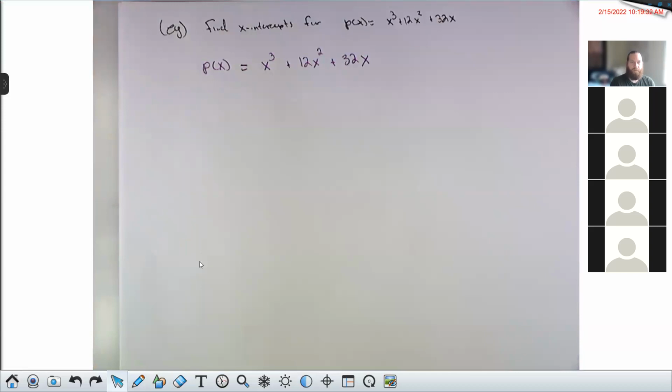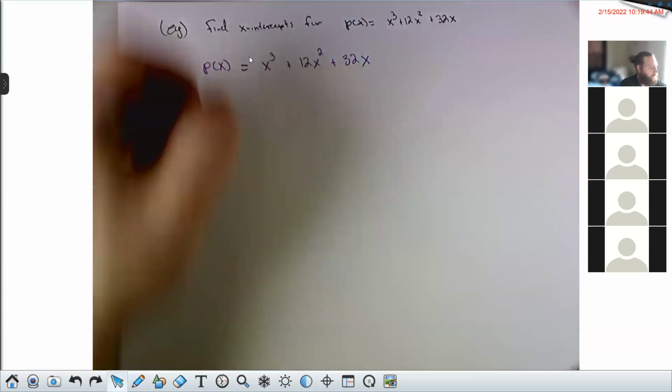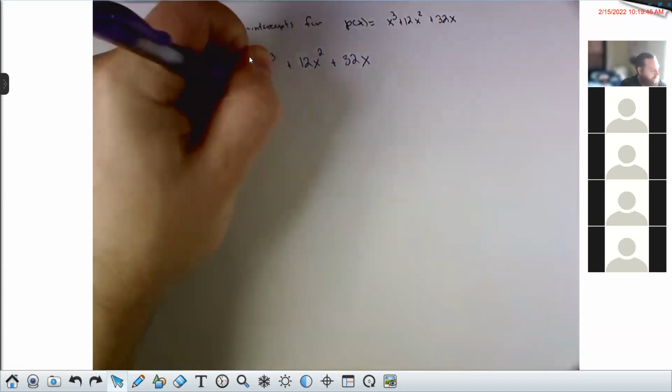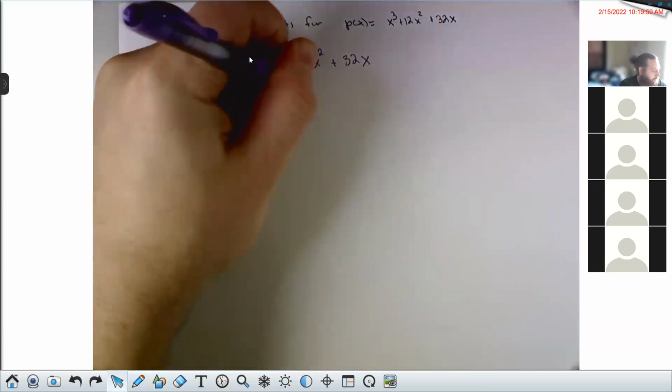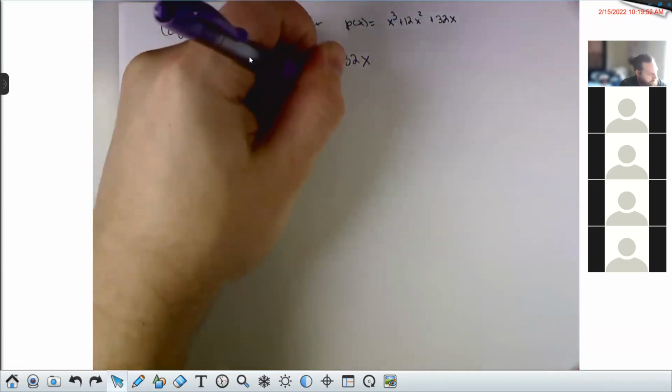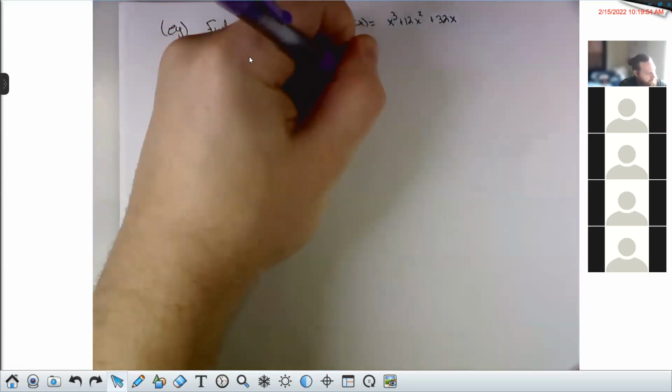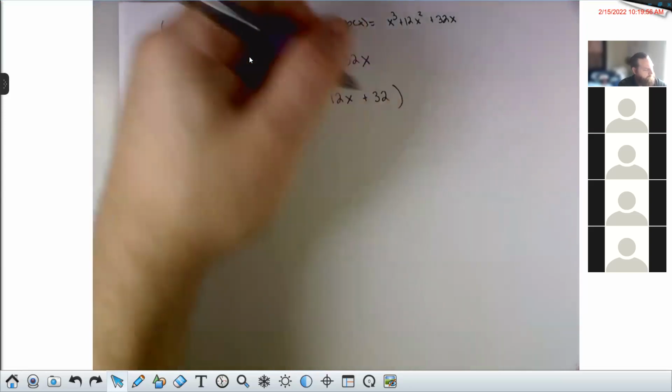We will talk about end behavior. I have this term, and this term, and they all have an x. So there's a GCF I can pull out. And when I factor out that x, what's left will be x squared plus 12x plus 32.